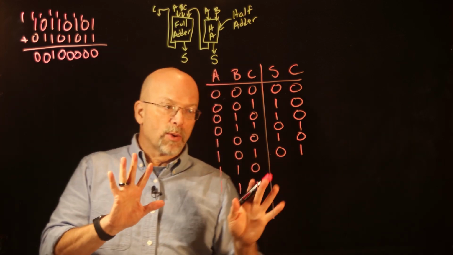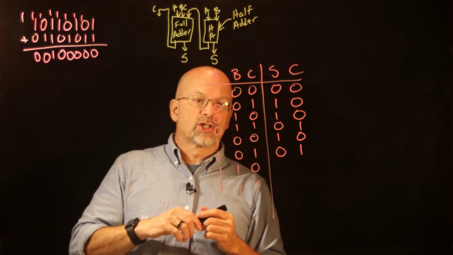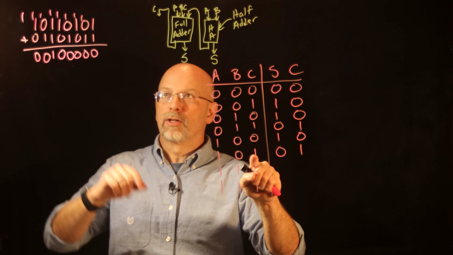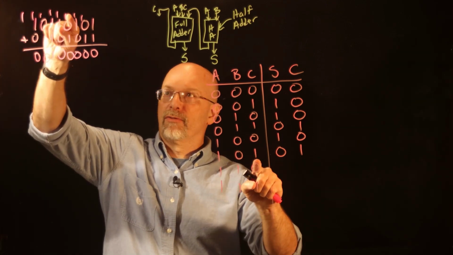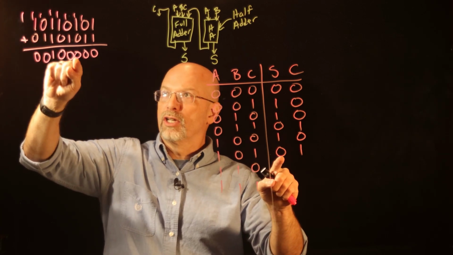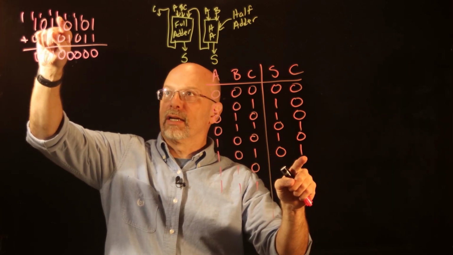I may be going through this kind of quick, so let me show you an example. 1 plus 0 plus 1. In other words, A is 1, B is 0, and there's a carry from the previous column. The result is 0, and there's a carry into the next column.